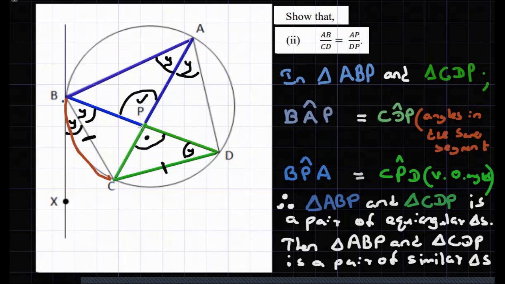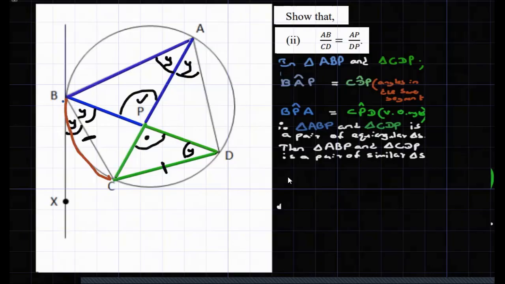Now, what do we know about similar triangles? In similar triangles, corresponding sides are proportional. So let's apply that theorem now. All right, so let's tell our examiner that we know corresponding sides of similar triangles are proportional.